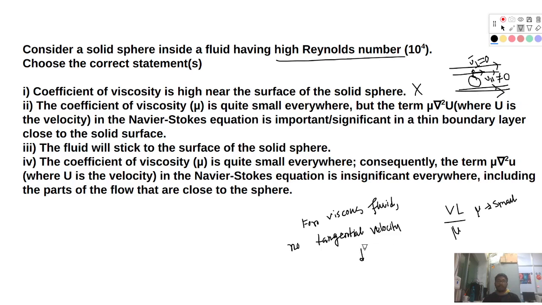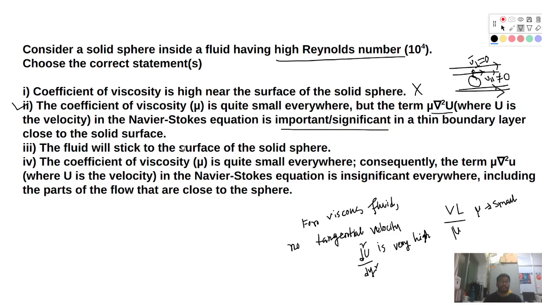So you have this change, this du is very high, and the distance over which this is changing, dy, is very small. So du/dy is very high, and the second order derivative is again very high. That means this mu grad square u becomes important or significant in this thin boundary layer close to the solid surface, right? So this is a correct statement.